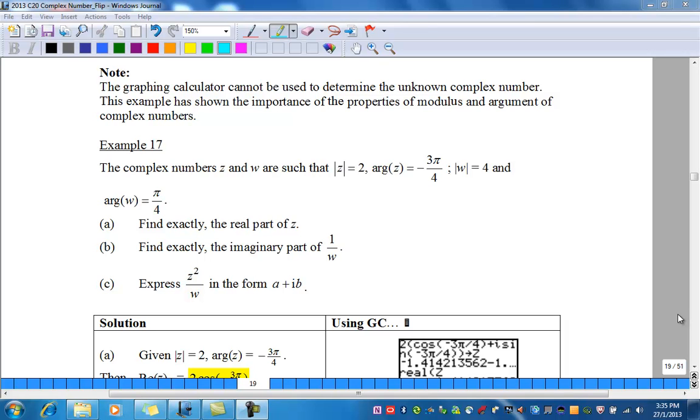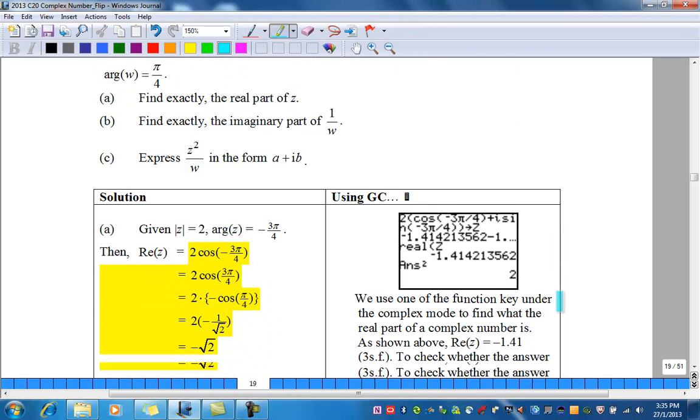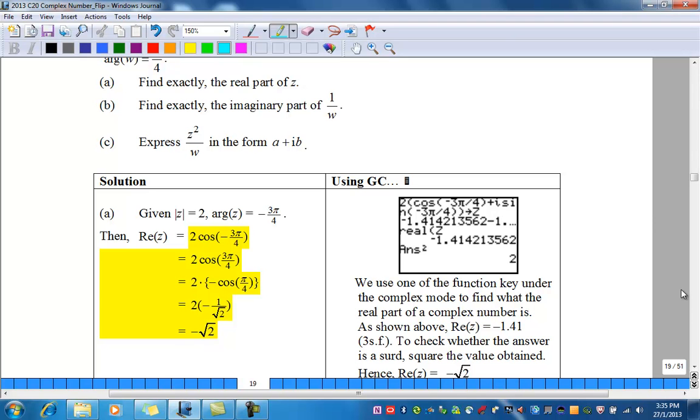Solution. Given modulus of z equals 2 and argument of z equals minus 3 pi over 4, we can say that z equals 2 cos minus 3 pi over 4 plus i sine minus 3 pi over 4.